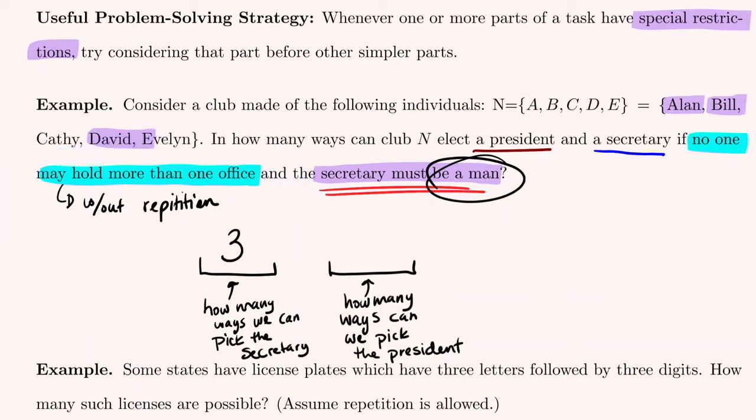As you think about this, take a minute or two to reread the problem, rephrase the question, pause the video and attempt it on your own, and then unpause to check your work. Again, your question is, you've already picked the secretary. It is one of the 3 men who are originally in the club. You know that one person cannot hold more than one office, so how many individuals remain to be picked for the position of president?